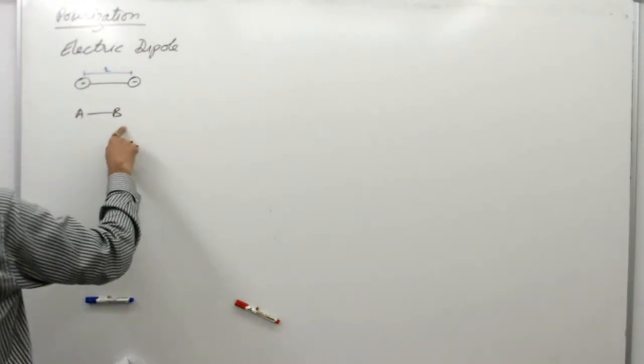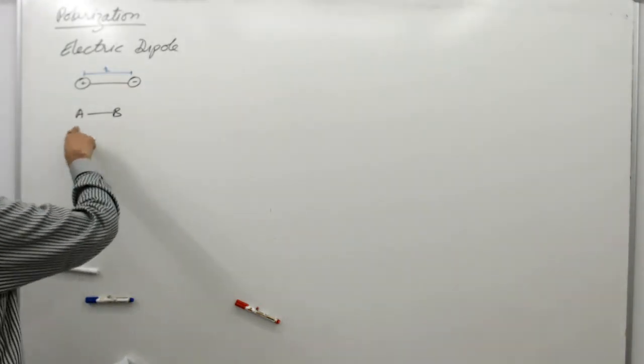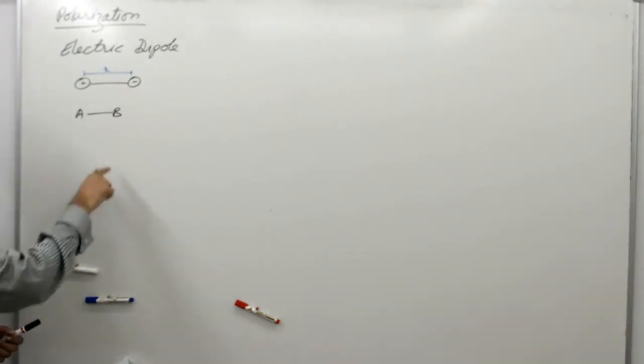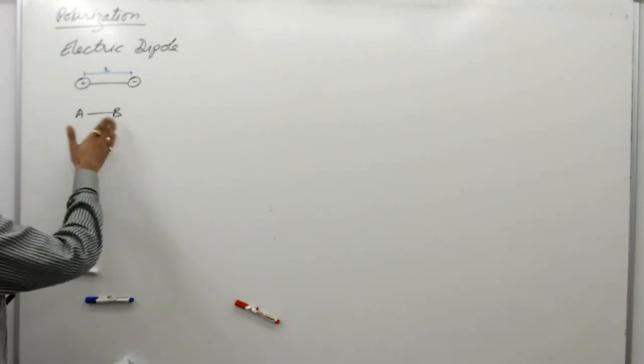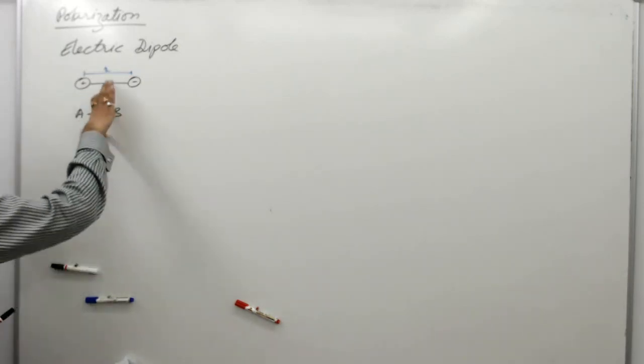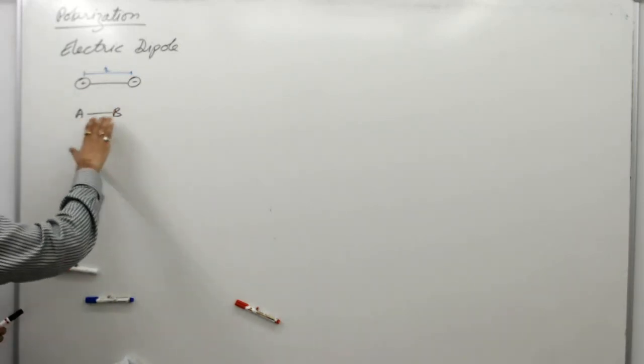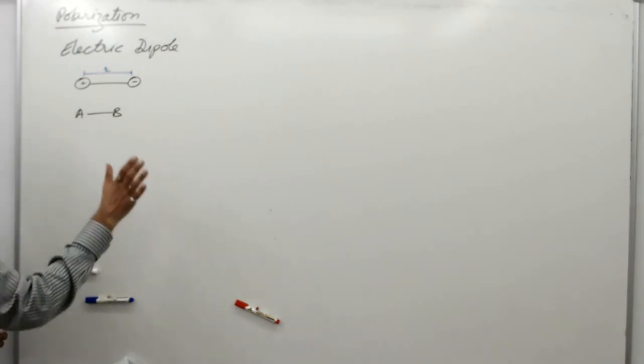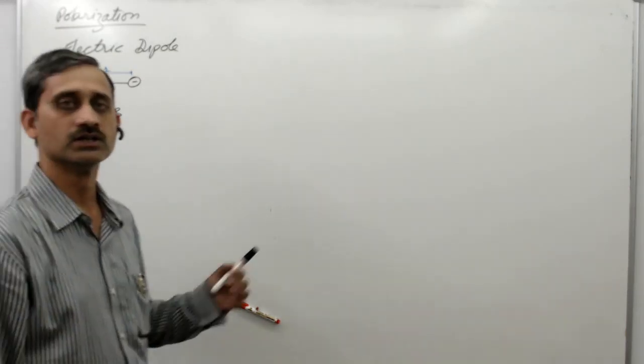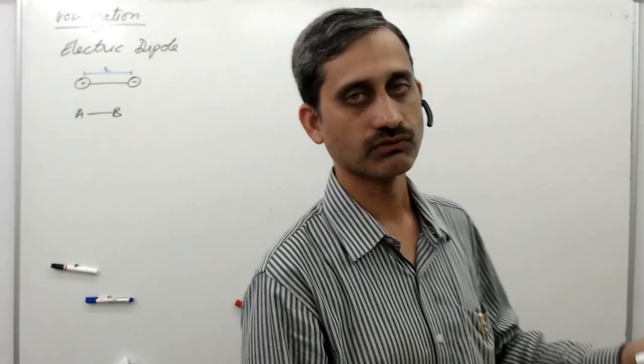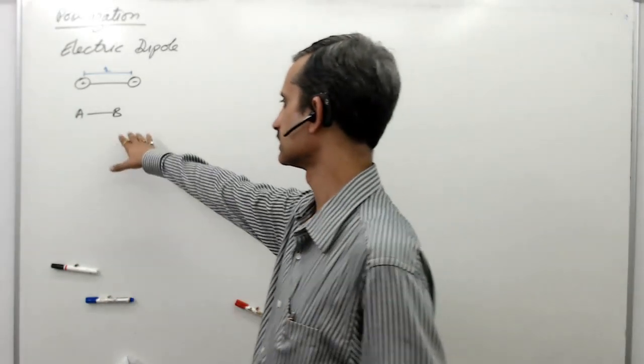If A and B are identical, then they are going to have exactly the same electronegativity. None of them is going to pull the electron. The electron is going to be right in the center. No charge separation, and this is not going to have any kind of charge separation or concentration regions. This is not going to be a dipole.